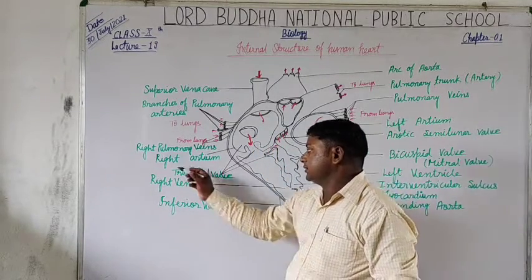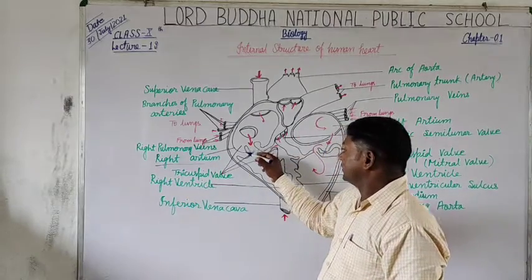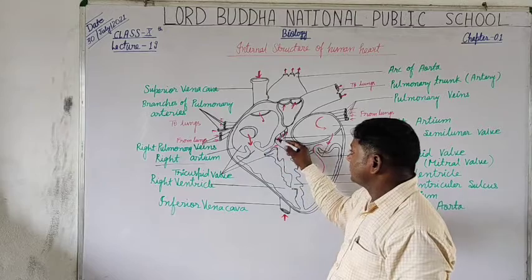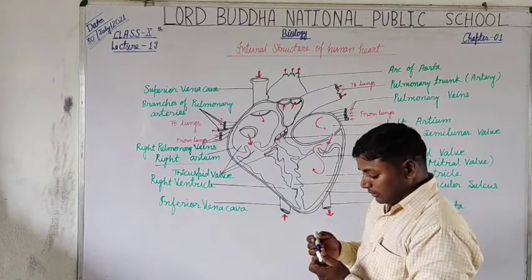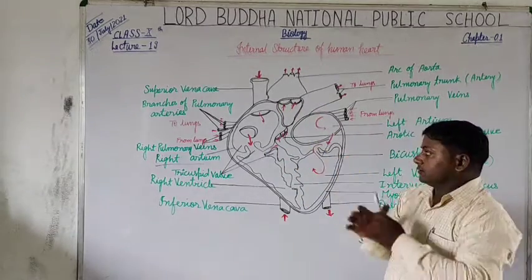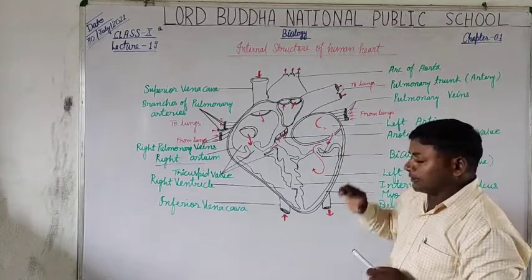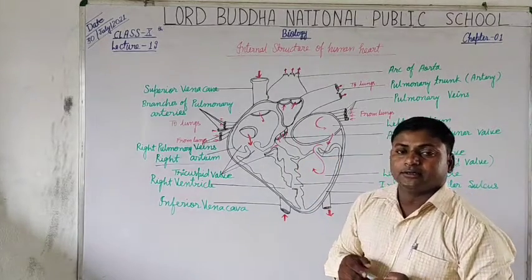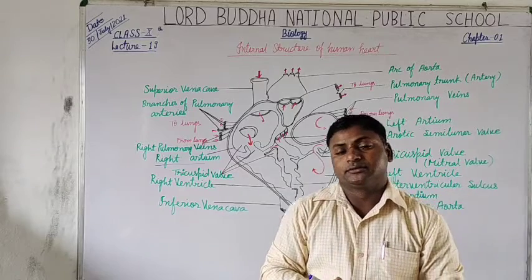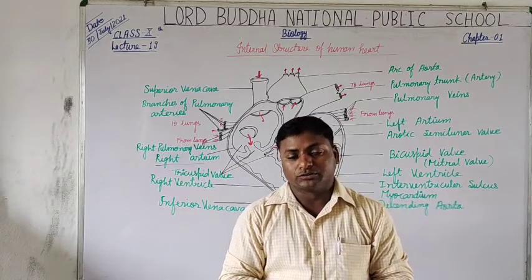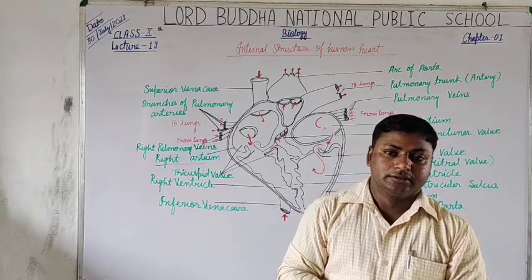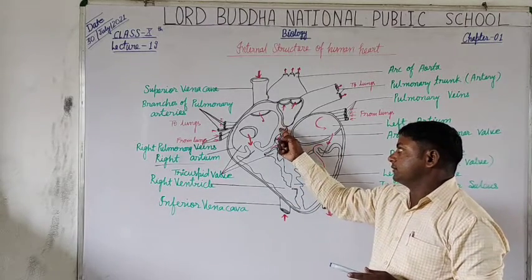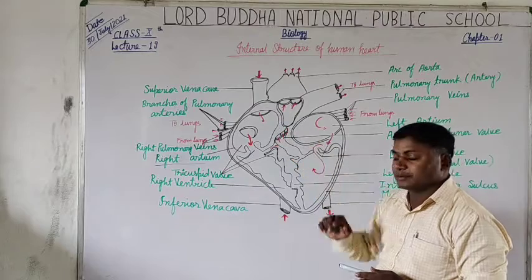This whole structure is the right atrium. And this is the left atrium. The right and left atrium are separated by a thick muscular structure known as the interauricular septum.